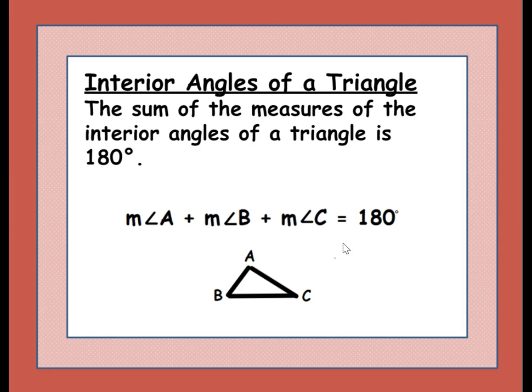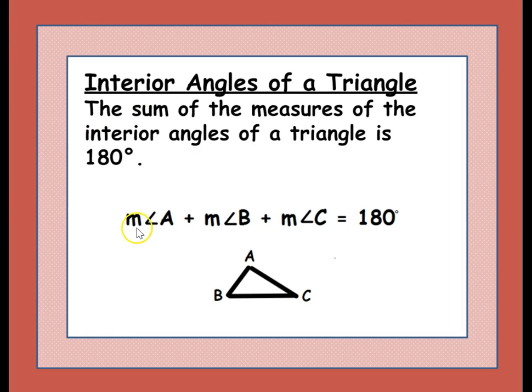Okay, so here's another rule you have to remember. This one's for triangles. Interior angles of a triangle. The sum of the measures of the interior angles of a triangle is 180 degrees. So you've got complementary angles that equal 90, supplementary angles that equal 180, and you know the sum of the interior angles of a triangle will also be 180.